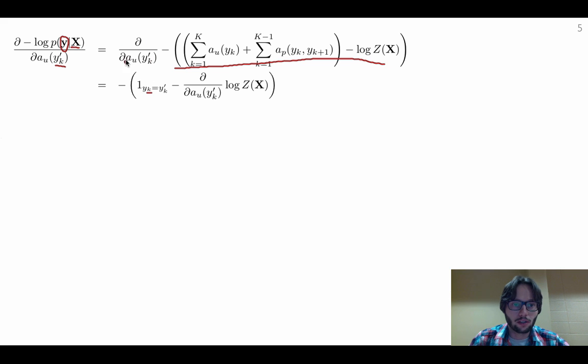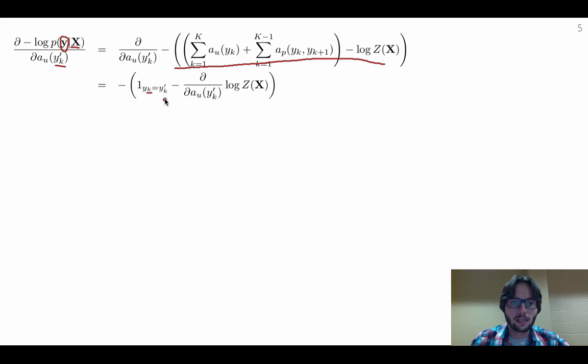Otherwise, that particular expression is not going to appear here. So the gradient for any other position than k of these terms here is 0. The derivative with respect to this is also 0. So it's only the case for the same k, which is important.